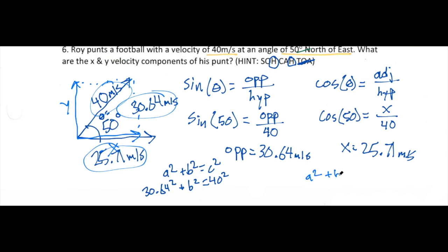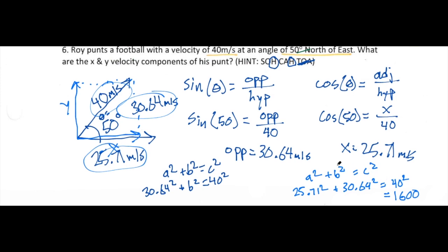A squared plus b squared equals c squared. We'll do our little check step here. So it'd be 25.71 squared plus 30.64 squared equals 40 squared. And then whatever this is plus whatever this is should equal somewhere around 1600. If it doesn't, then we know we've got to go back and give it another look.